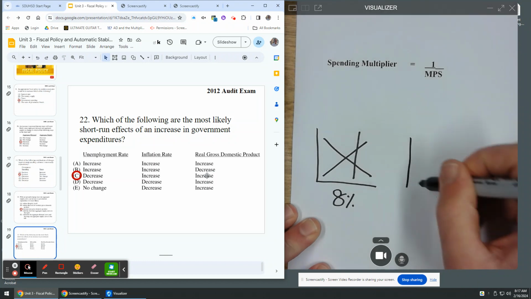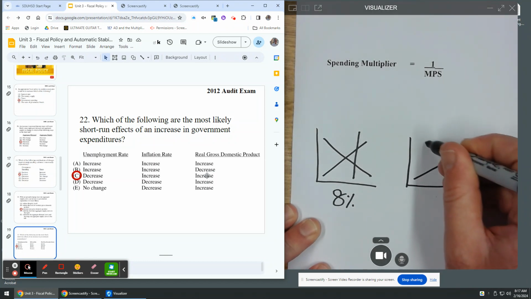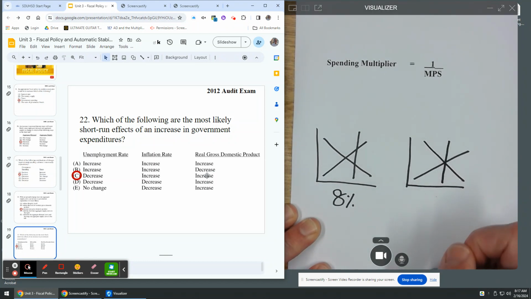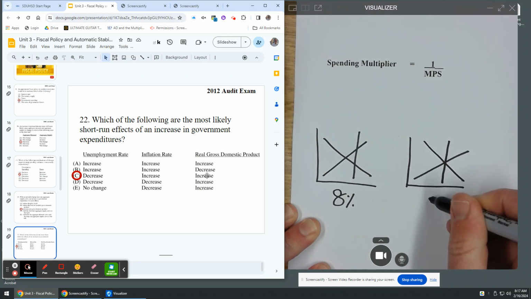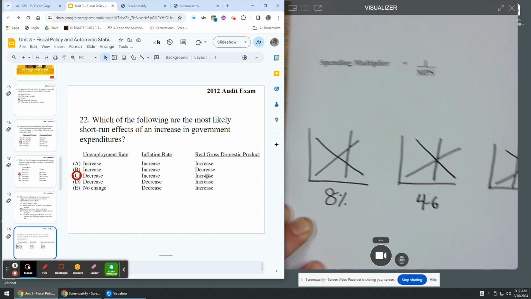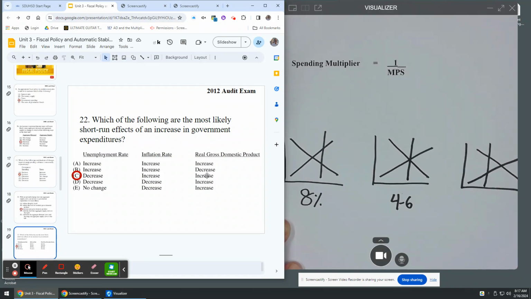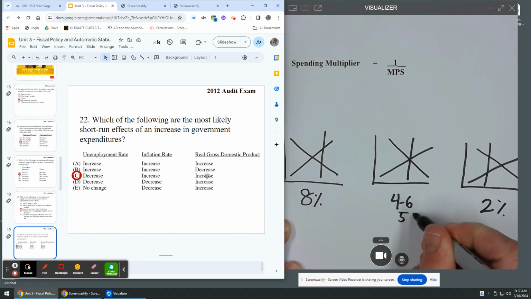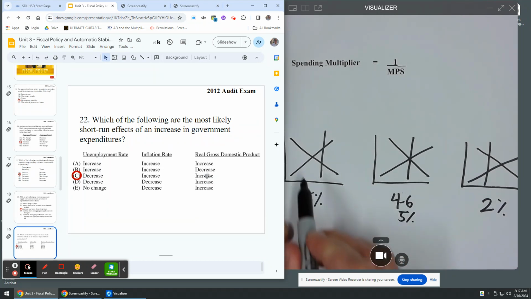If I'm at full employment output, I'm at my natural rate of unemployment. So 4 to 6%. And if I'm at a positive output gap, I have less than my natural rate of unemployment. So maybe 2%. So 8, we'll call that 5 and 2.